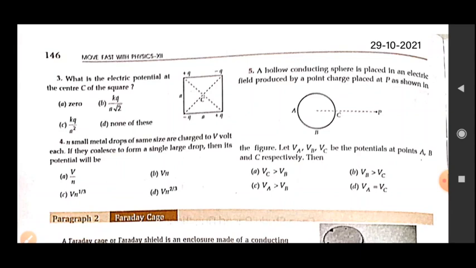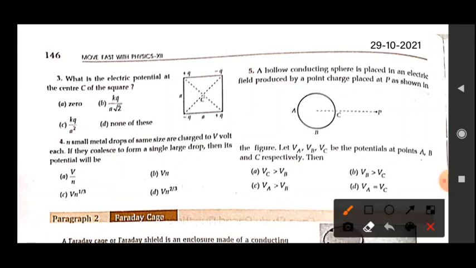Then first of all you can calculate the volume of the big drop. What will be the volume of the big drop? Obviously that will be n times the volume of one drop.